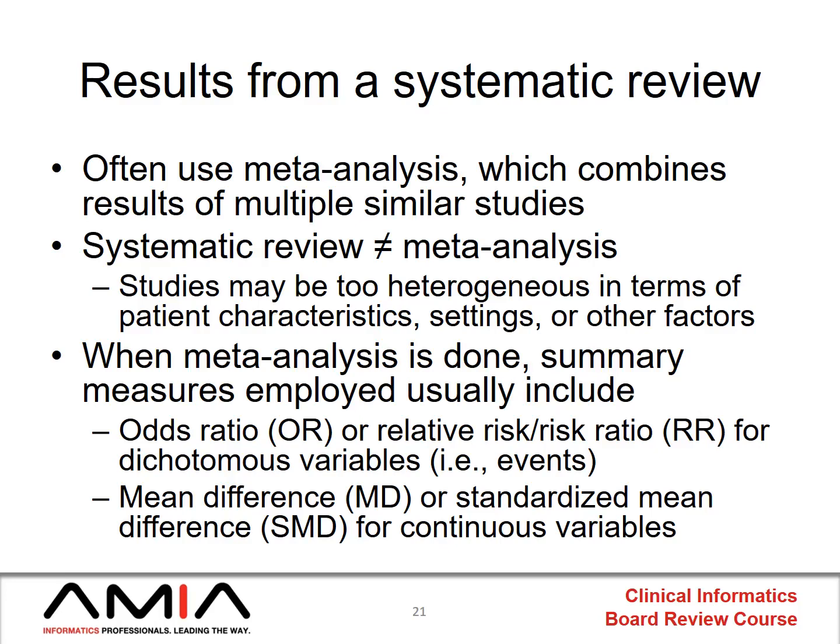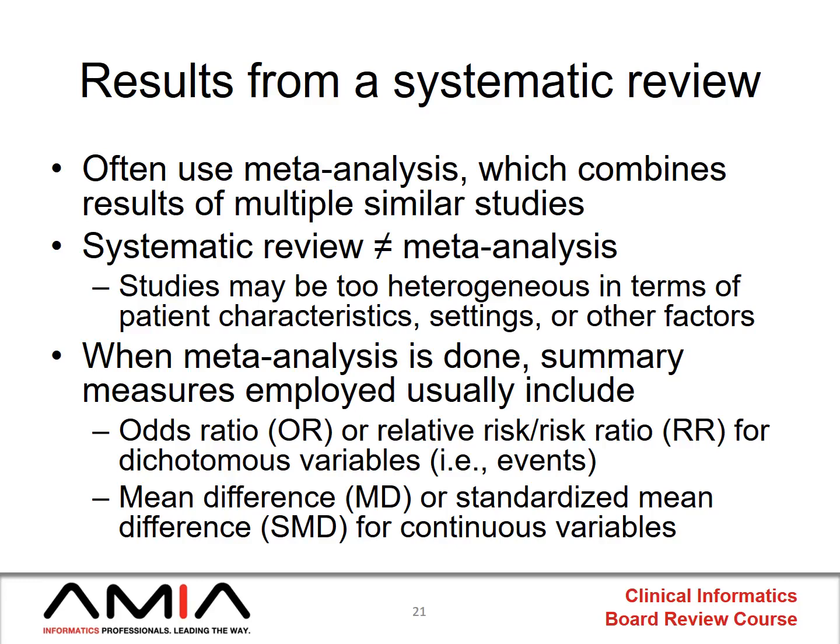There are other situations, however, where the studies are too heterogeneous in terms of patient characteristics, settings, or other factors, and we cannot perform a meta-analysis. Therefore, we still have a systematic review that summarizes all the evidence, but we can't combine it all as if it were a single study, which we can do with meta-analysis.